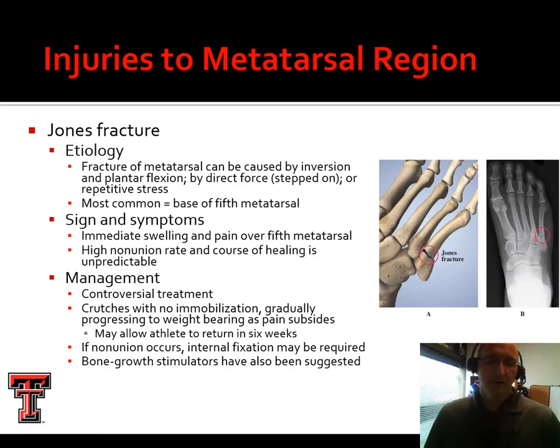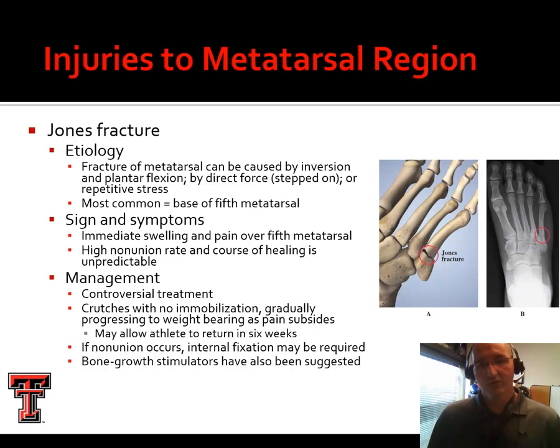Okay. Management for this really varies. For a long time, the treatment of choice was to stick a screw in the fifth metatarsal and let it heal. The problem with that is this bone bears a lot of load, and those screws have been known to bend or break.